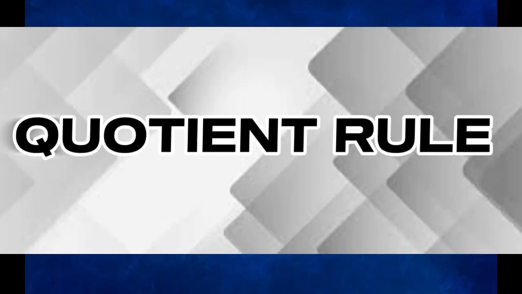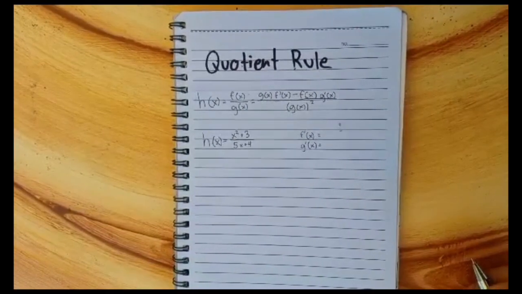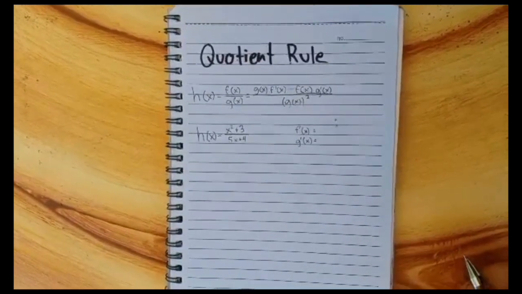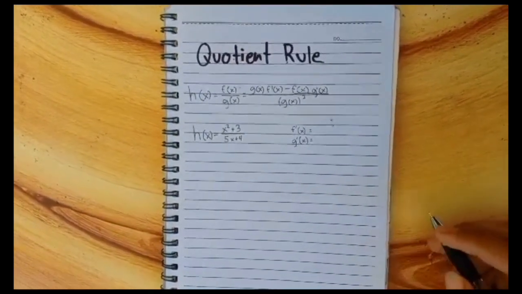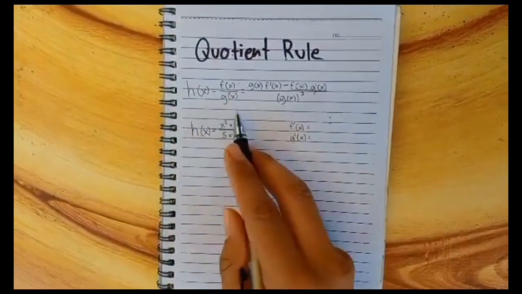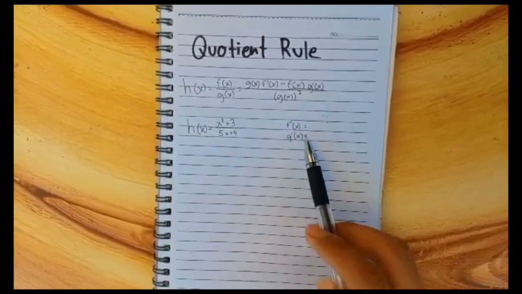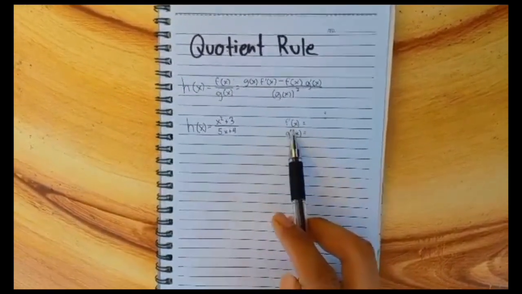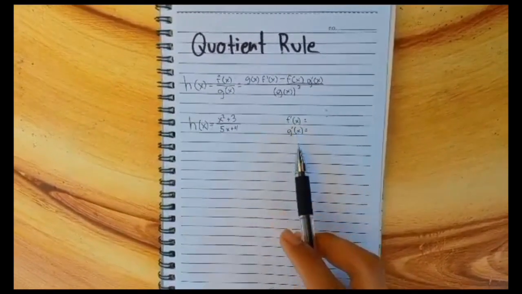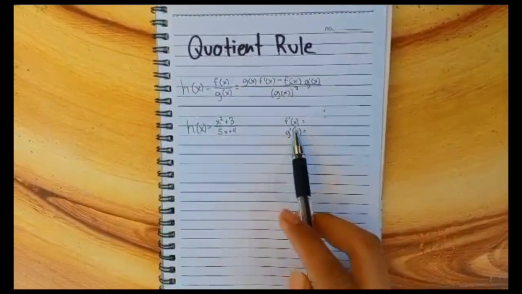And lastly, the quotient rule. Let us tackle the quotient rule. By far, this will be the most difficult out of the 6. First, let us see the formula given here. Then, we take the derivatives of f prime and g prime.